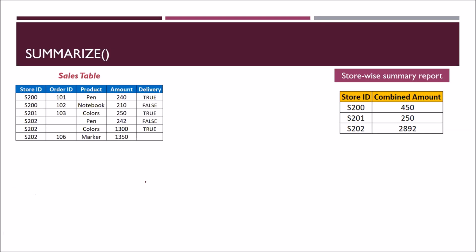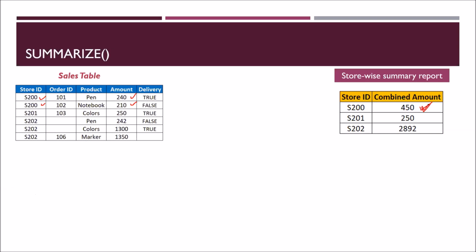For example, for store ID S200, I have 2 records with amounts 240 and 210. Hence my new column will have the summation of 240 and 210, which is 450.